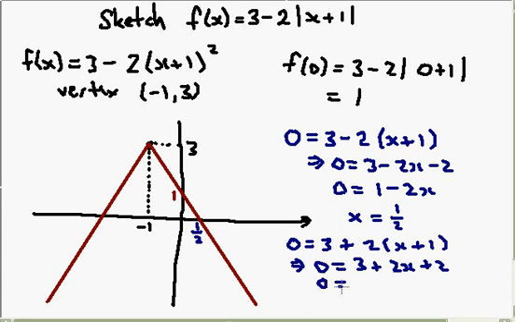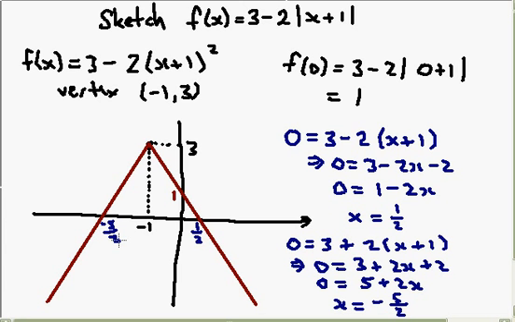So 0 is equal to 5 plus 2x. So x is equal to minus 5/2. So this point is minus 5/2. Okay? And that has sketched this curve.